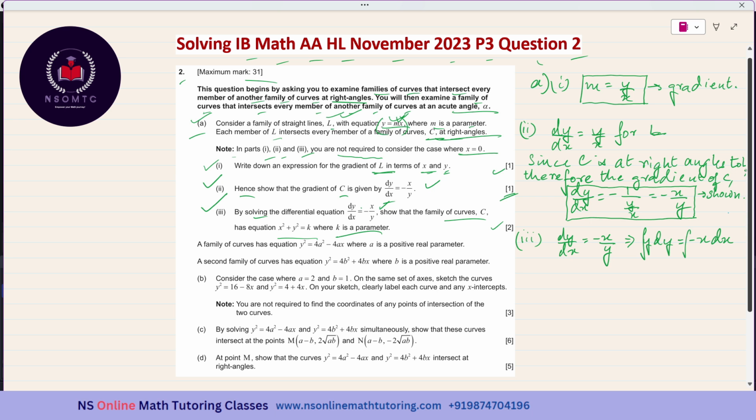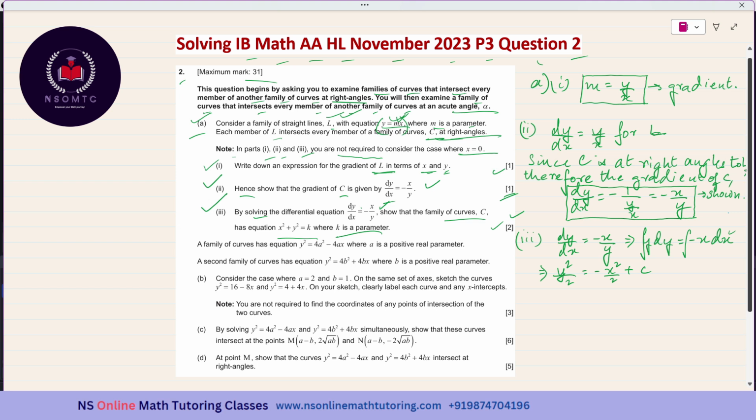It is containing just 2 marks, so you can put the integral sign over here only. You don't have to write one more step previously, that is y dy equal to minus x dx, and then in the next statement put the integral signs. You can directly put the integral sign in this step. So this is y squared over 2 is equal to negative x squared over 2 plus c.